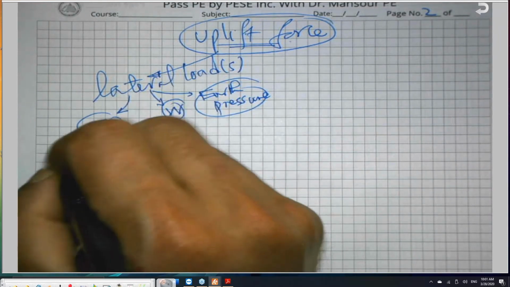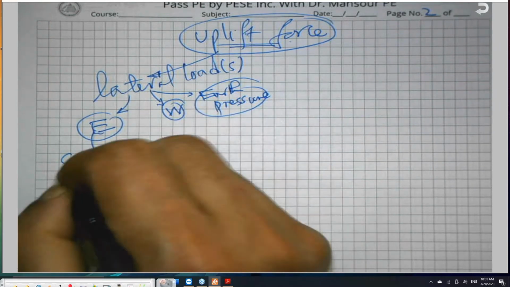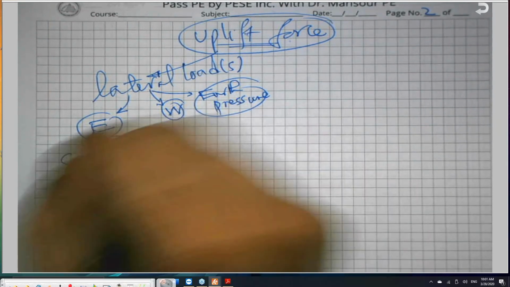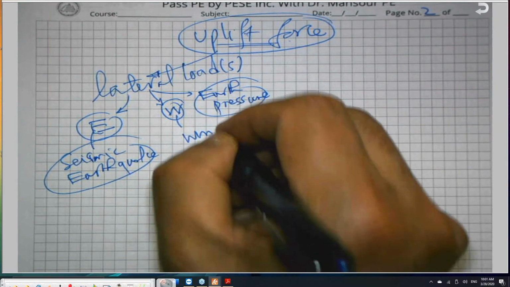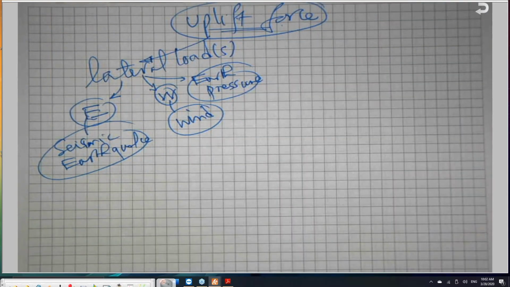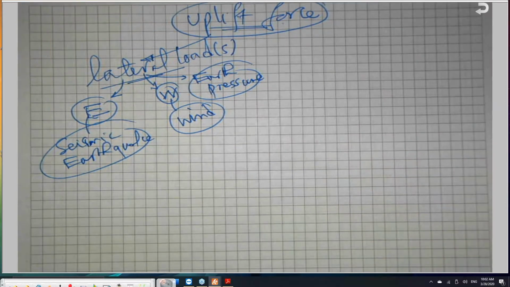E for earthquake load or seismic, wind, or the earth pressure. So any lateral load or lateral loads will generate uplift force.